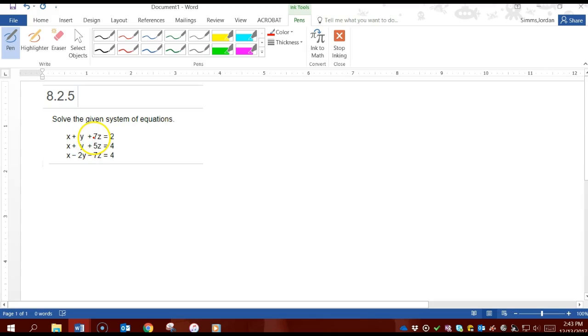So basically, I want to have 35. 5 times 7 is 35, so if I make one positive 35 and one negative 35, we'll be good to go. So let's take this top equation and multiply it by negative 5, and we're going to get negative 5x minus 5y minus 35z, and that's going to equal negative 10.